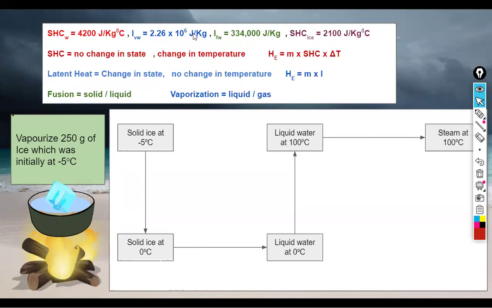First things first, let me just explain what's going on here. You are going to take a block of ice and melt it. First things first, is ice always at 0 degrees? Yes or no?